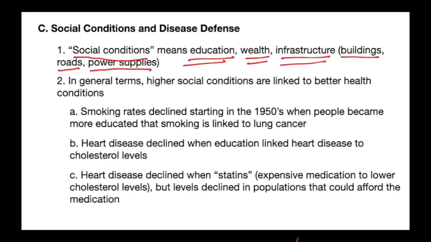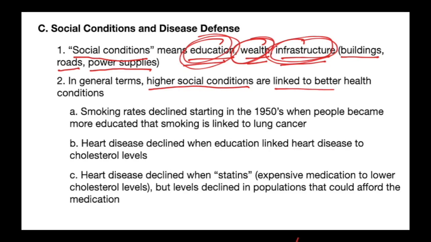In general, speaking globally, places that have higher social conditions, so better education, more wealth, more buildings and roads and hospitals and clinics, are linked to better health conditions.